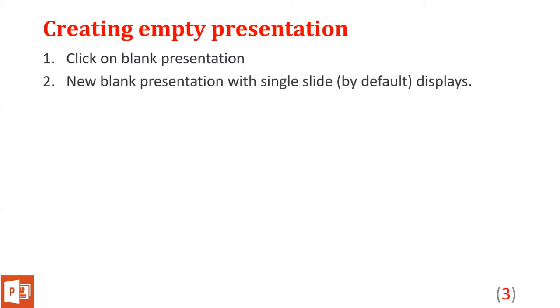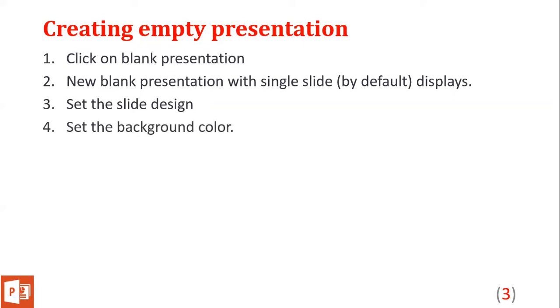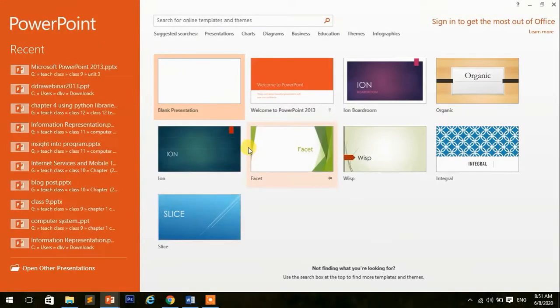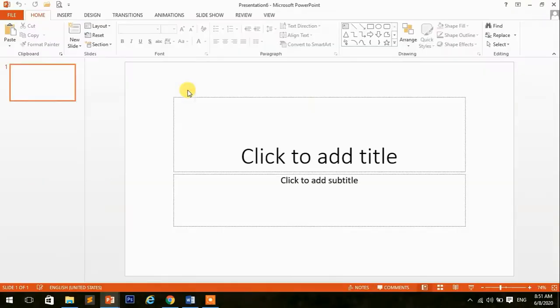Now, creating the empty presentation. Click on the blank presentation, then a new blank presentation with a single slide displays. Set the slide design, then set the background color. Now you can see, open this, select the blank presentation, then select the slide.